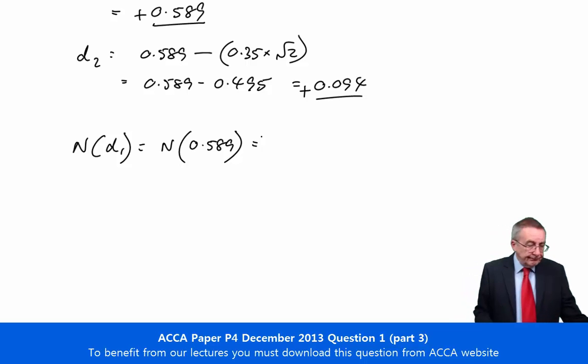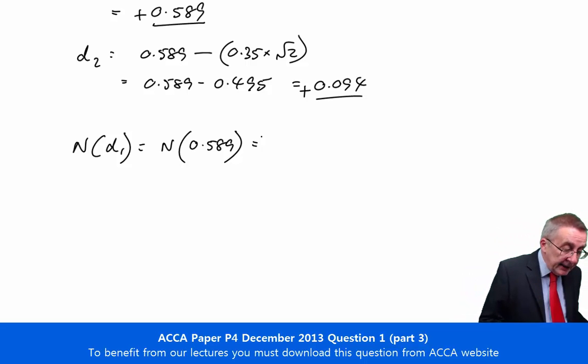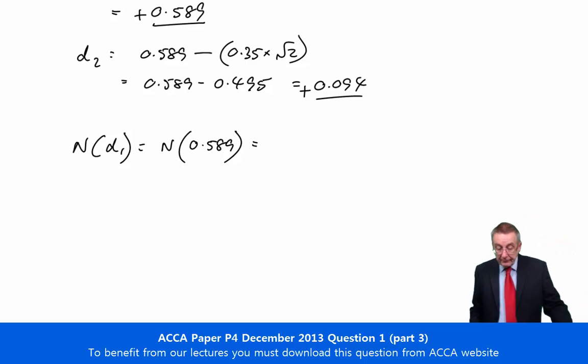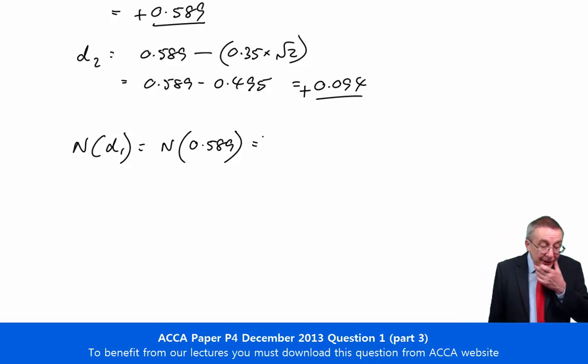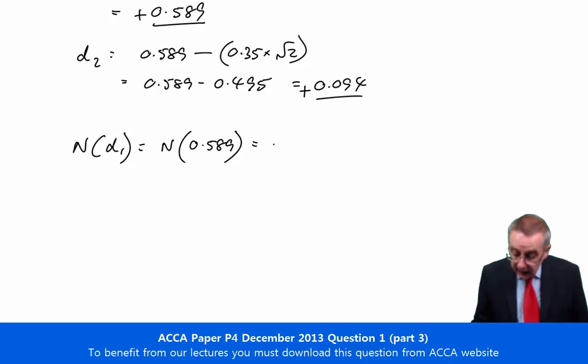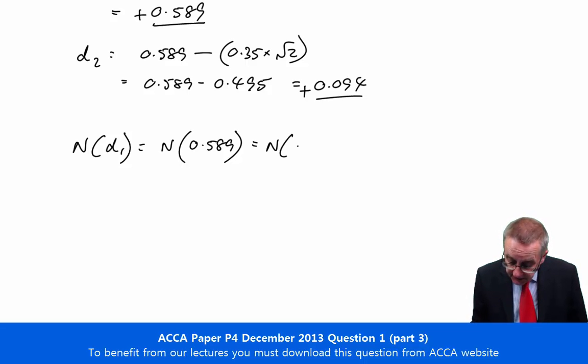Now then, the examiner's been very clever here, but I certainly wouldn't have done in the exam, and I don't think I'd have lost marks. If you look at your normal distribution tables, we need to look up 0.589, but you're only able to look up to 2 decimal places. So I'm going to look up 0.59.